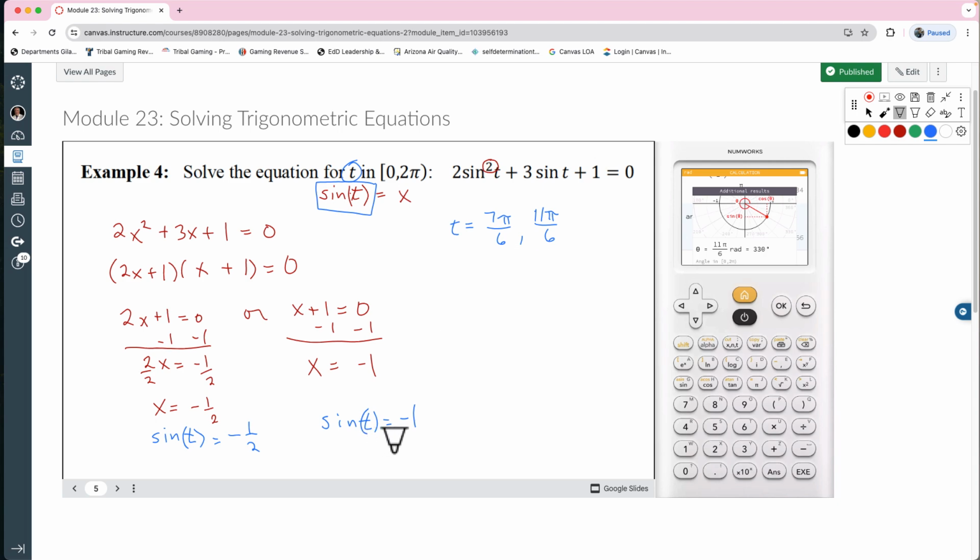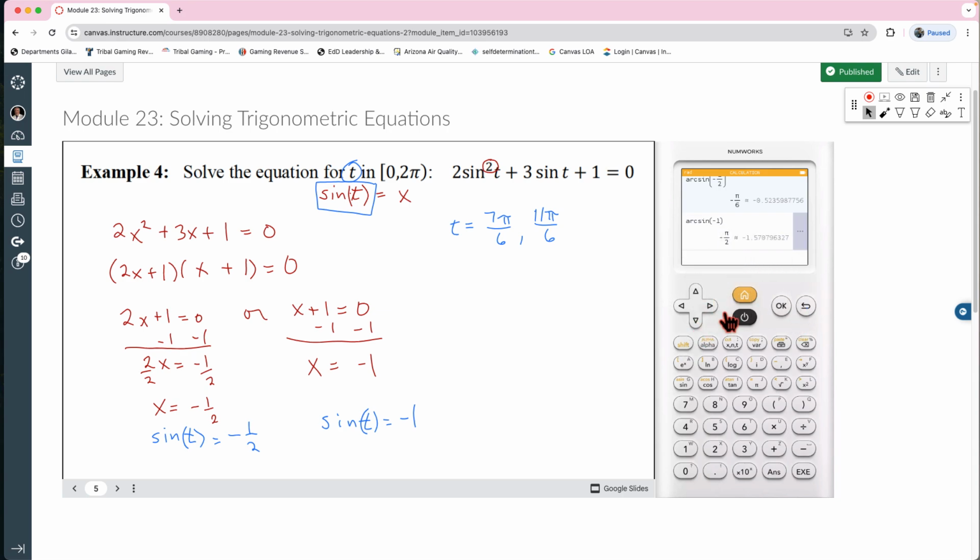But then what about sine t equals negative 1? Let's back up and go ahead and do the arc sine of negative 1. We see that happens at negative pi over 2.